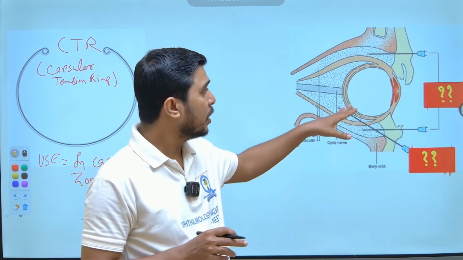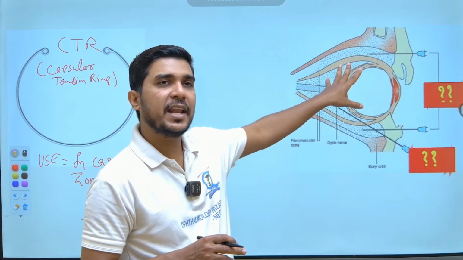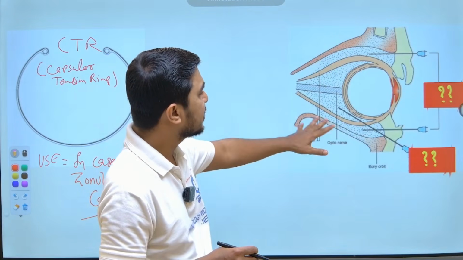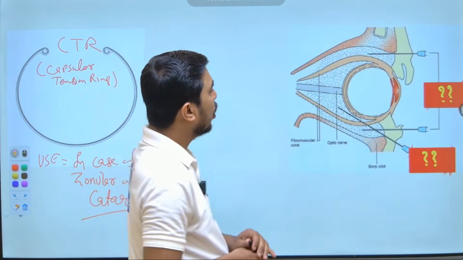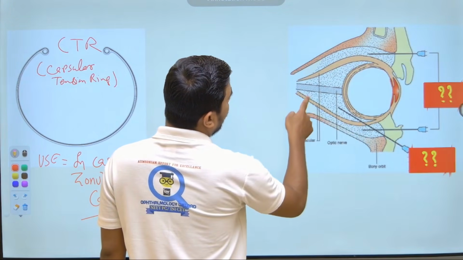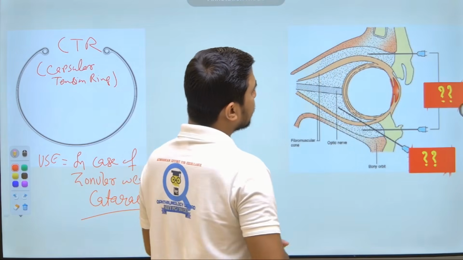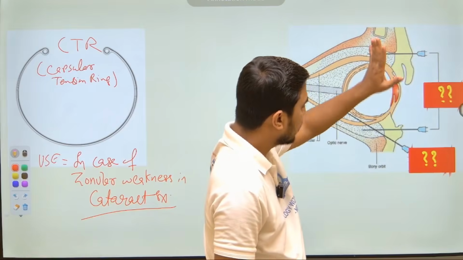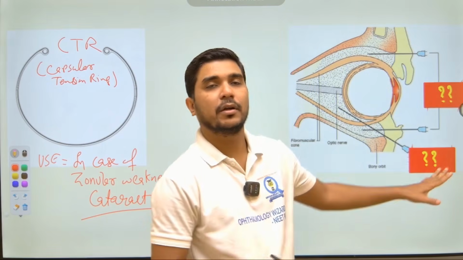What does this represent? This is the globe, this is the optic nerve, these are the extraocular muscles, right? So this injection is what, and this injection is what.